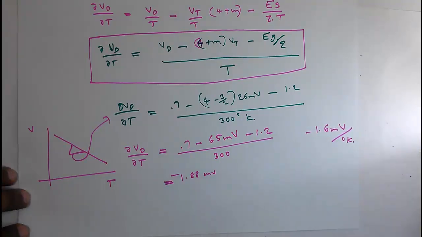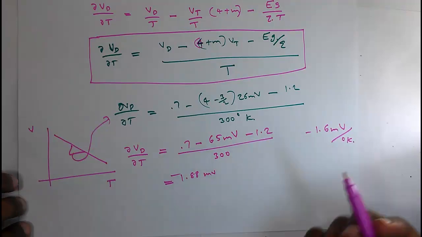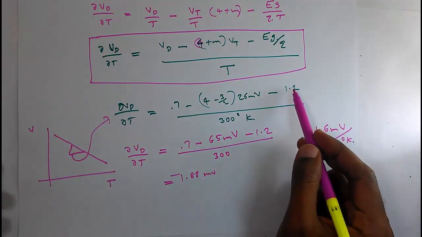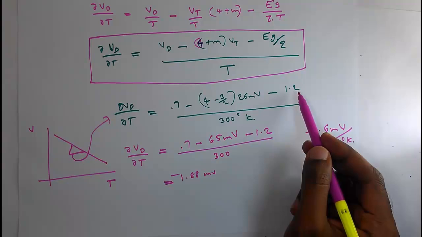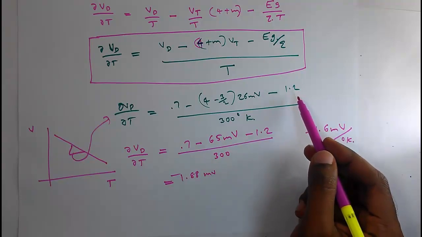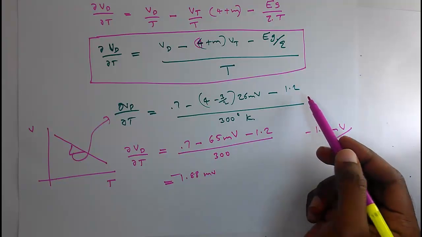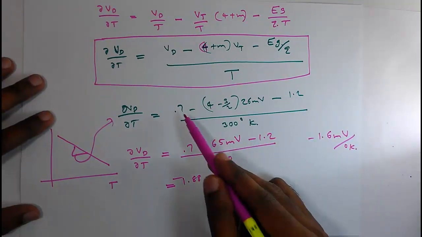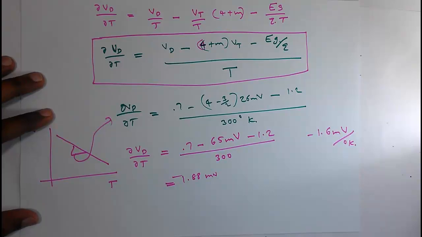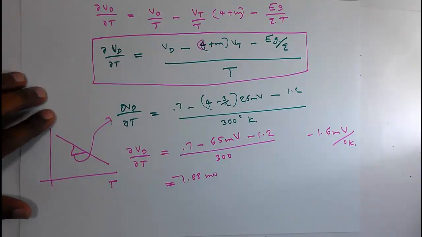So why is there this difference? It is because of many reasons. First of all, we took Eg as 1.2. People will also take Eg as 1.1 electron volt, and the voltage across the diode we took as 0.7 volt, and sometimes people will take it as 0.75 or 0.8.